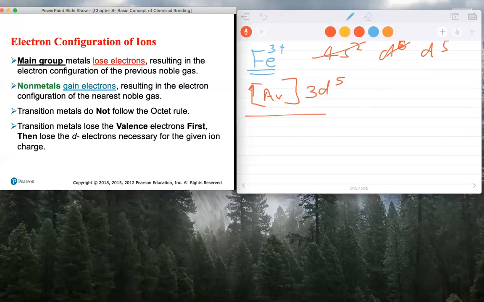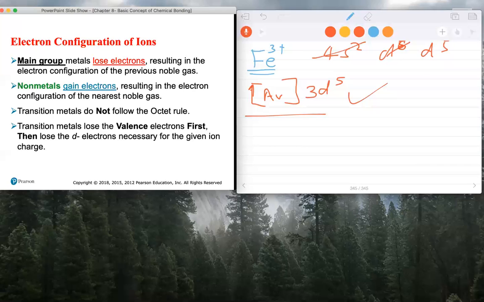That is the electron configuration of Fe3+. This is just an example to show you how valence electrons are removed first before you lose the 3d electrons necessary to give the ionic charge.